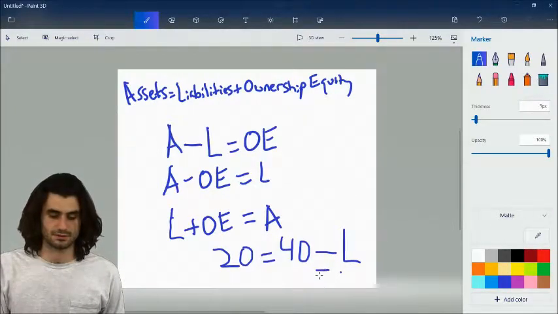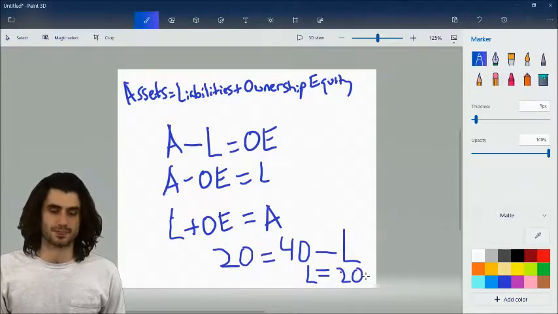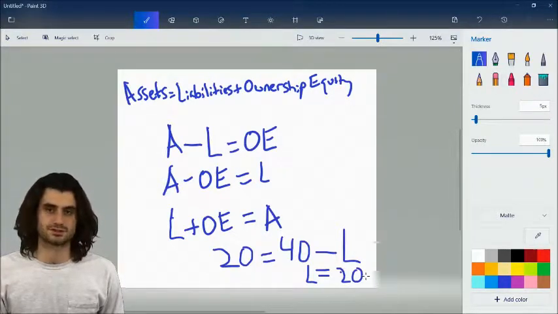So your liabilities would then equal 20. That's just a basic example. In actual balance sheets, you're going to be dealing with much larger numbers, but this is one of the more basic forms of figuring out some of these problems.